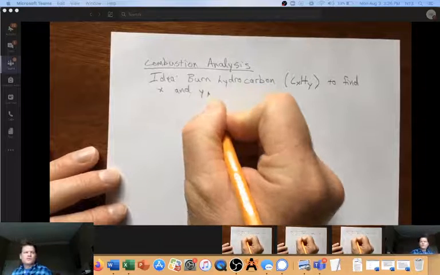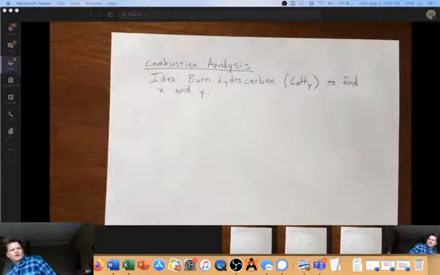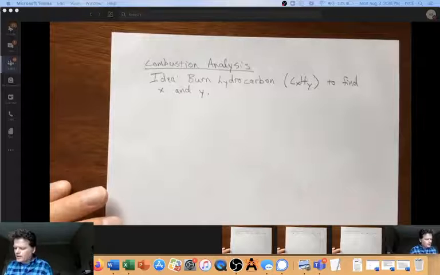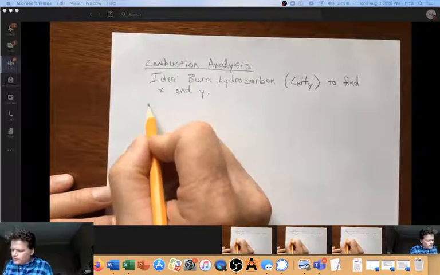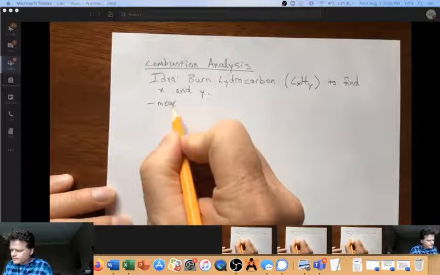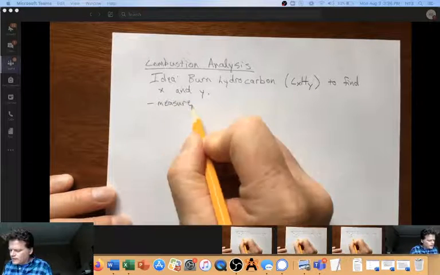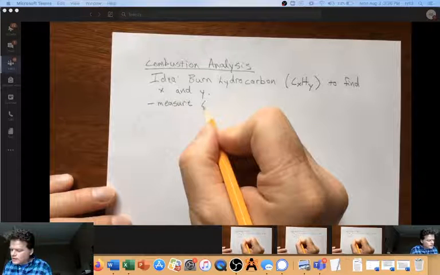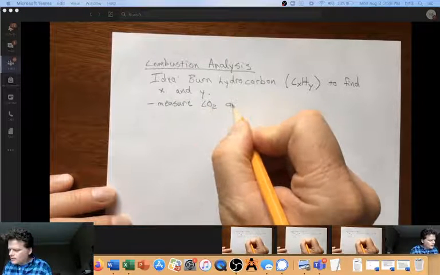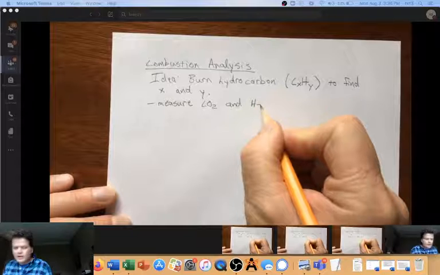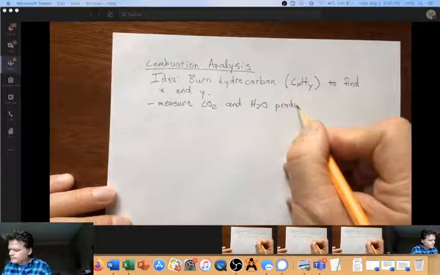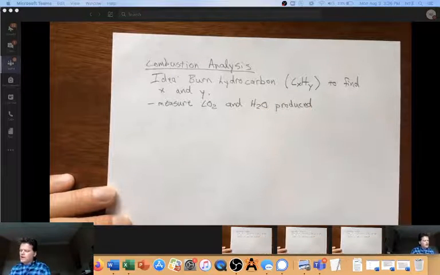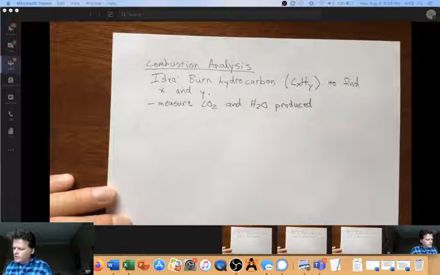X and Y, of course, will give you the mole ratio of the carbon and the hydrogen in the compound. So how do we do this? We're going to measure the products, the carbon dioxide and the water that are produced. When you burn a hydrocarbon, you always get carbon dioxide and water.